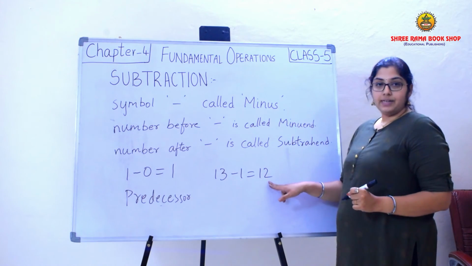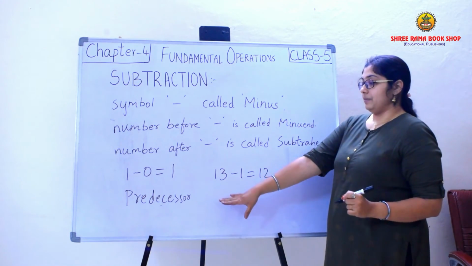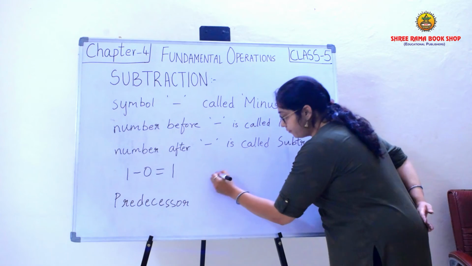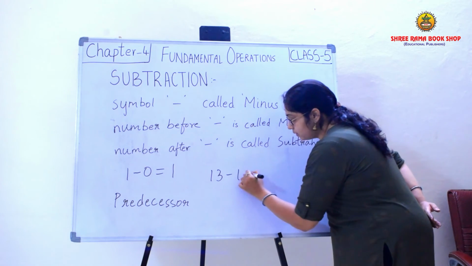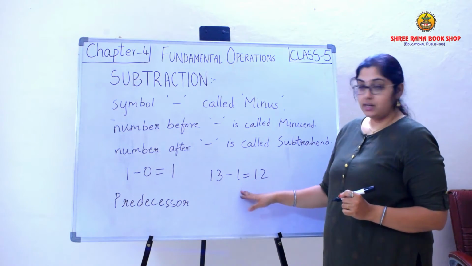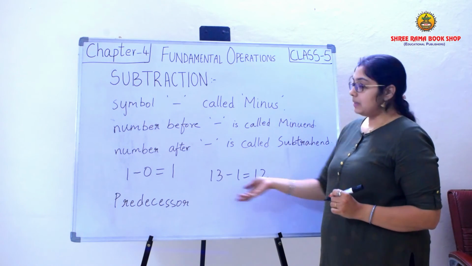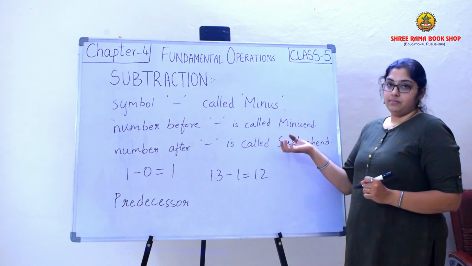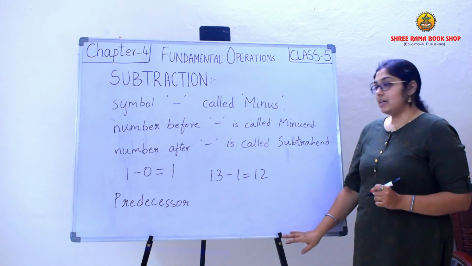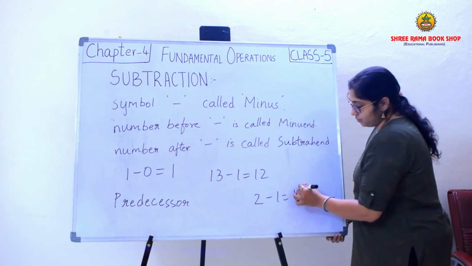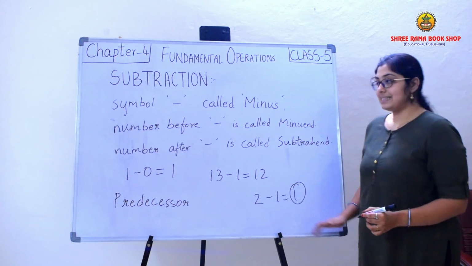So 12 is called the predecessor. So 13 minus 1, we get 12. 12 is the predecessor. And the result of a subtraction is called the difference. Whenever you subtract two numbers, like 2 minus 1 is 1, this answer is called the difference.